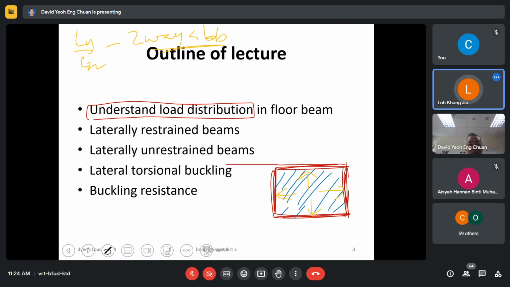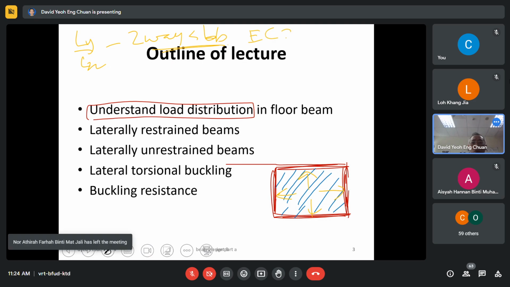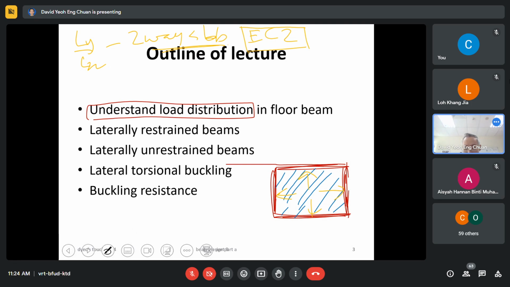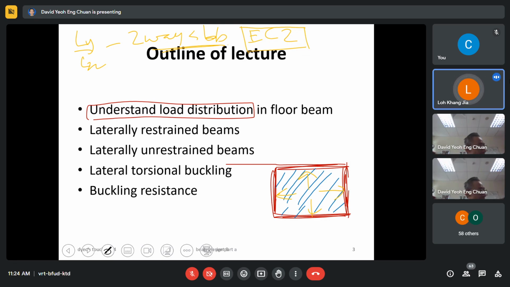In Eurocode 2, I guess. In Eurocode 2, there's no table like this. It's in another standard. What is that code? BS 8110.